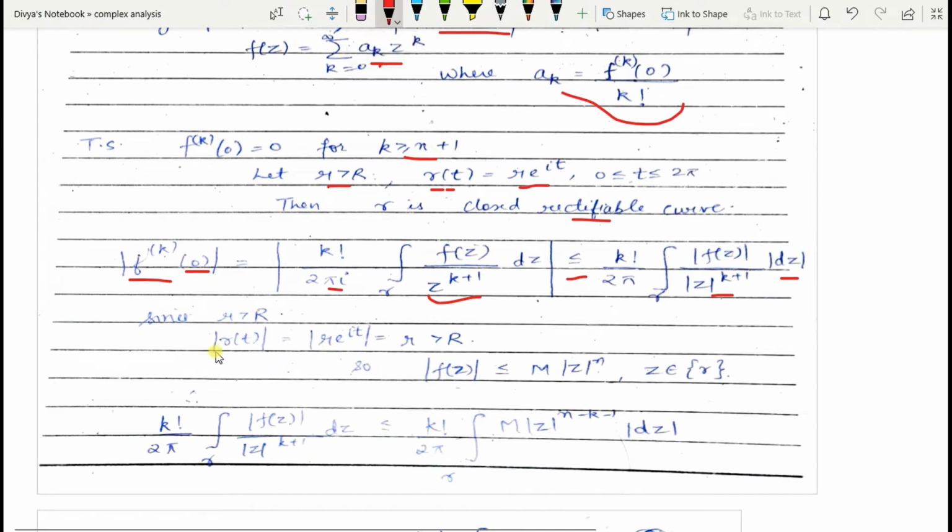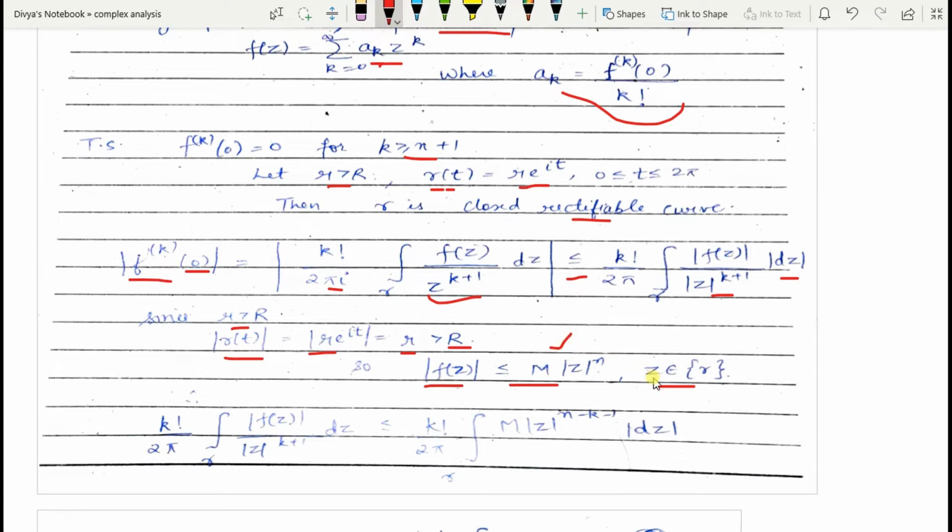Now, since r is greater than R, that we have already assumed, modulus of gamma(t) would be equal to modulus of r e^(it), which equals r only because modulus of e^(it) is 1. And r is greater than capital R, so that means modulus of gamma(t) is greater than R. Therefore modulus of f(z) is less than or equal to M times modulus of z to the power n, using the hypothesis.